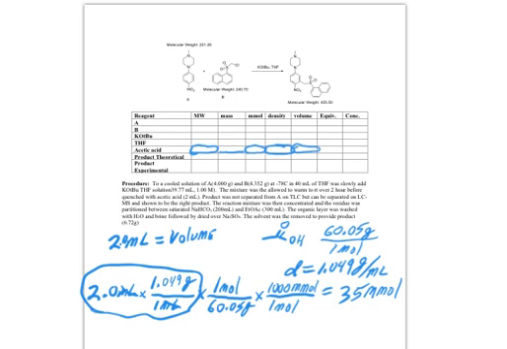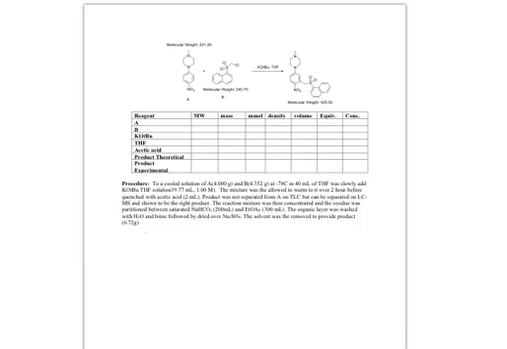All right, so now what we got to do is we need to calculate the number of equivalents and fill out this part of the table. All right, so let's do that. So let's go back. For A, we had 18.08 millimoles. For B, we also had 18.08 millimoles.